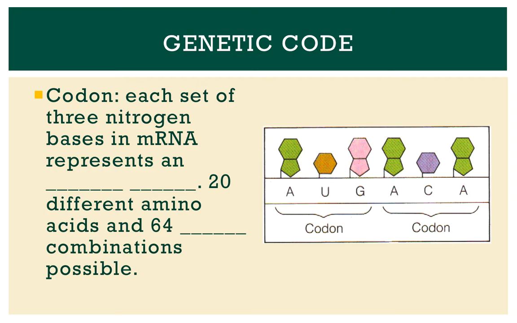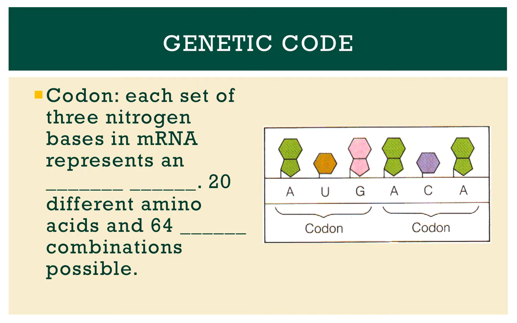So the genetic code: we have codons, which we started to talk about today in class. Each is a set of 3 nitrogen bases in mRNA, and represents an amino acid. So we have 20 different amino acids and 64 codon combinations possible.